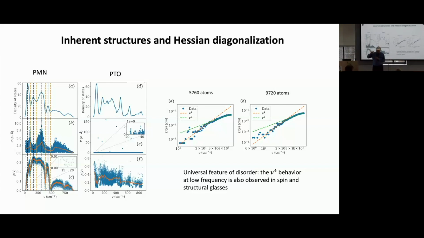In the case of PTO, the longitudinal-transverse splitting that is associated with the long range is quite small compared to the effect, so it does not explain the peak in the susceptibility. So it is a small contribution.